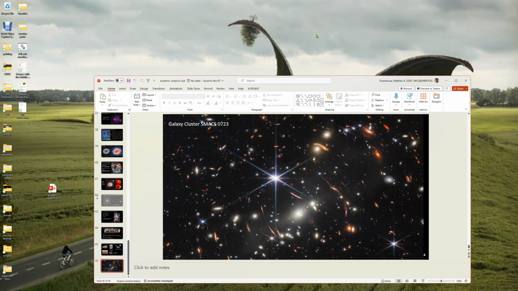Another thing is why the telescope was launched from Guiana and not from Florida or Houston, the main NASA centers in the US. Why was it sent from South America? Well, the Webb telescope mission is too big a project for NASA to do by itself. It was a collaboration between NASA, the European Space Agency, and the Canadian Space Agency.